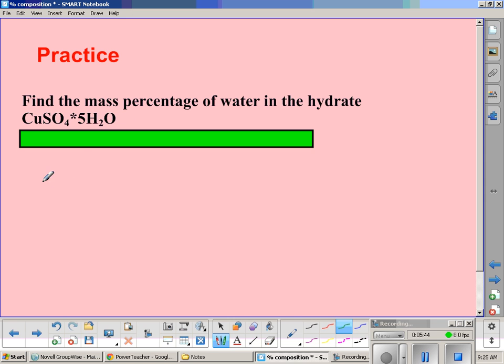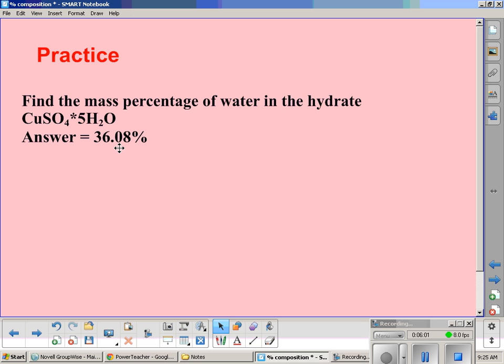You'd have the mass of the entire thing plus the copper, and you're going to divide the mass of the water part by that, and it should give you a decimal. You multiply that by 100, and you should come up with 36.08% of this entire thing being water.